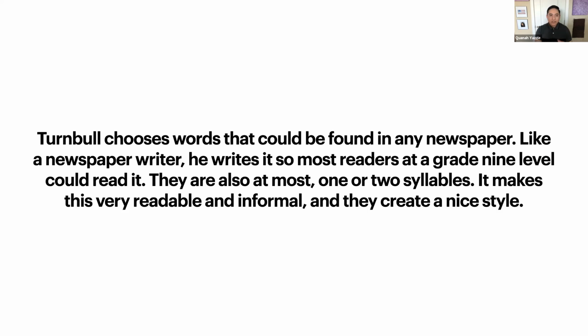What's happening with these first two sentences is that the person writing is relating Turnbull to being a newspaper writer, right? But Turnbull's not actually a newspaper writer, the person is writing that he's kind of like one.